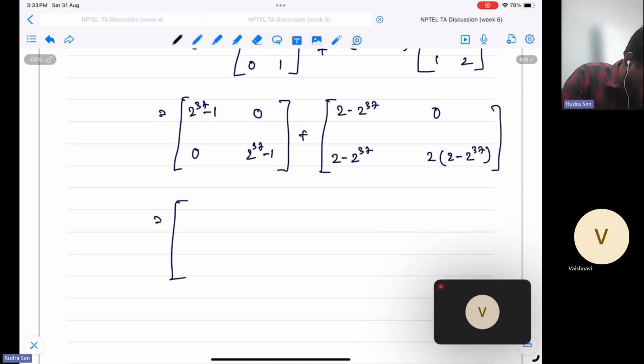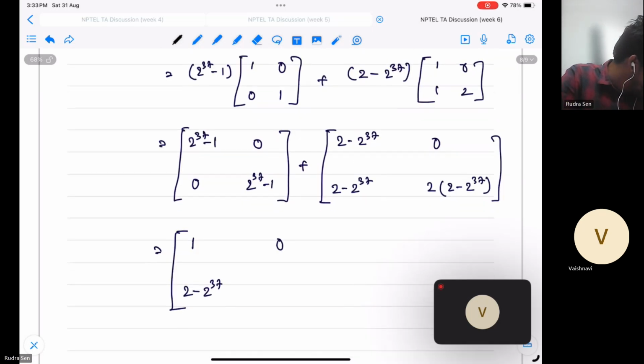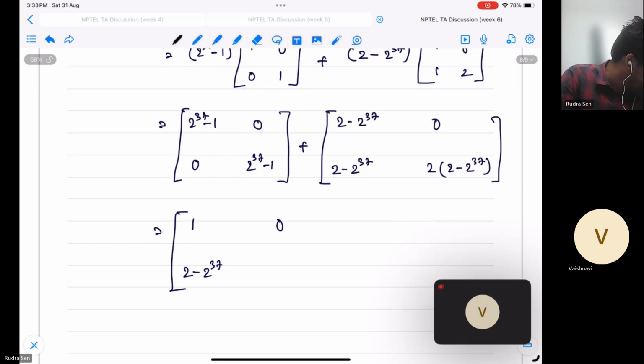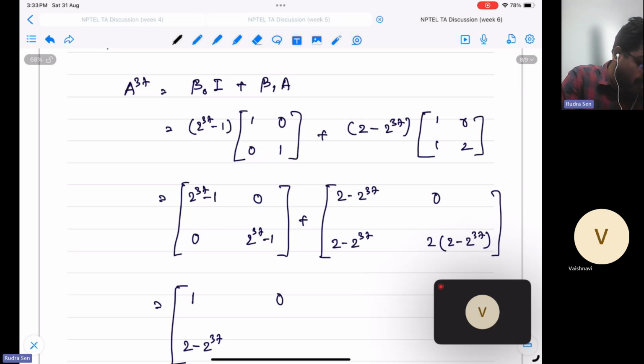What do you get? This is 1, this is 0, this is 2 minus 2 to the power 37, and here we'll get 2 square. Let me just see. Okay, sorry, I made a big mistake.